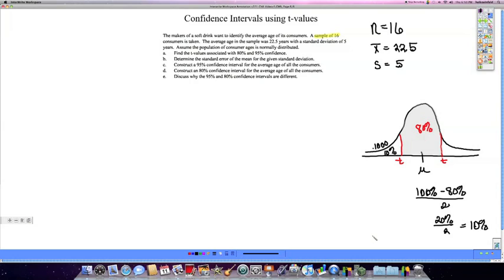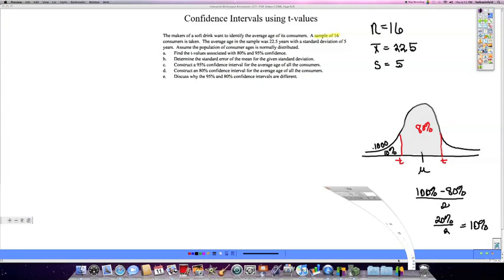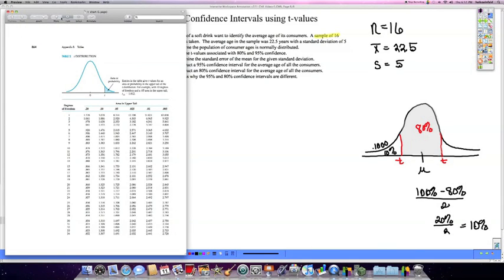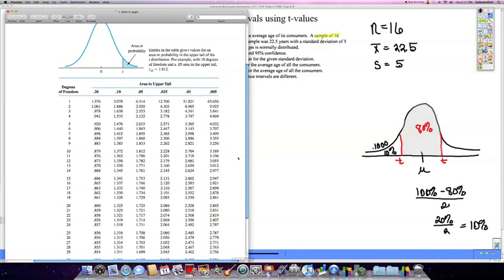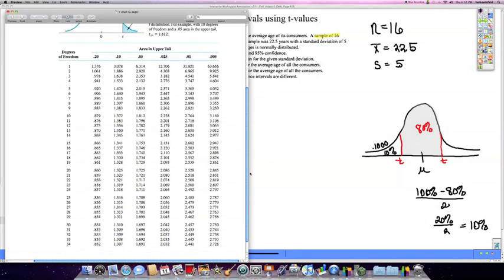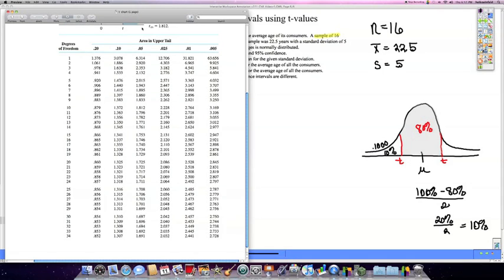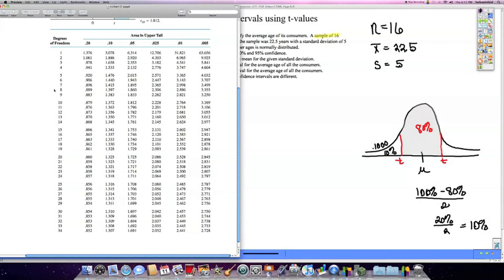In order to find this t-score, we're going to have to go to a t-chart. The t-charts are located in our textbook in the appendices at the back of the book, but not in the front covers. This is what our t-chart looks like, and we have something new in our t-chart, and that is degrees of freedom.